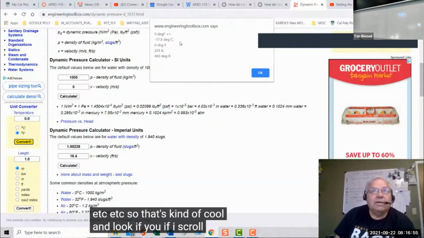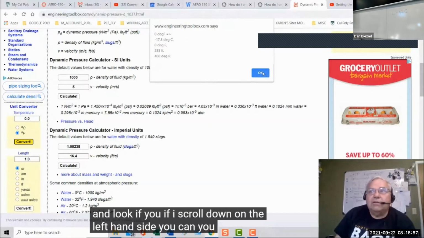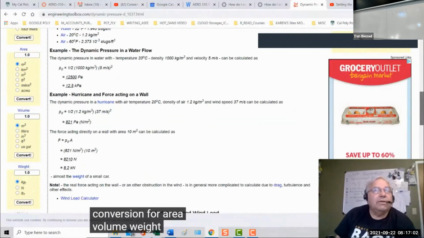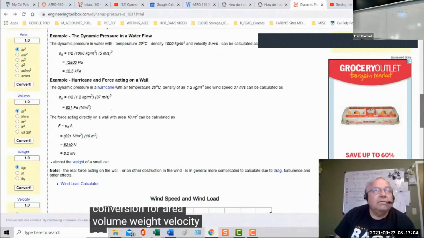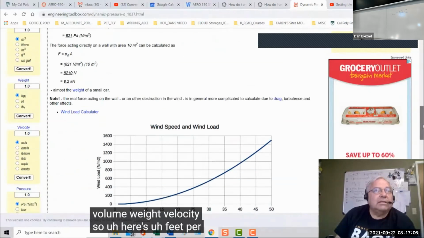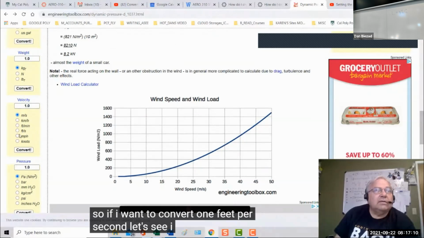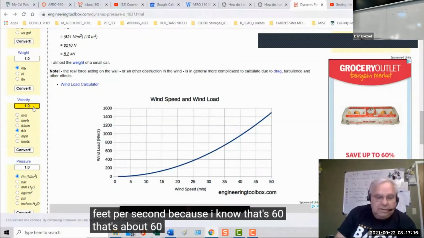And look, if I scroll down on the left-hand side, you have conversions for area, volume, weight, velocity. So here's feet per second. If I want to convert, let's put down 88 feet per second because I know that's about 60 miles an hour.